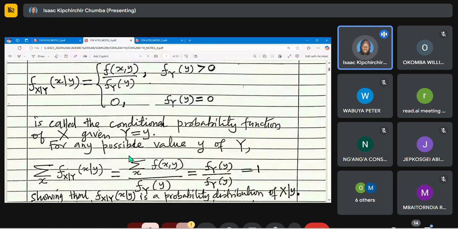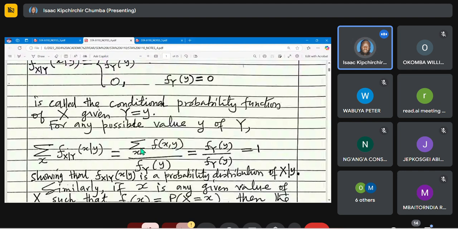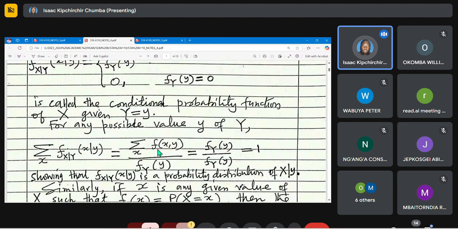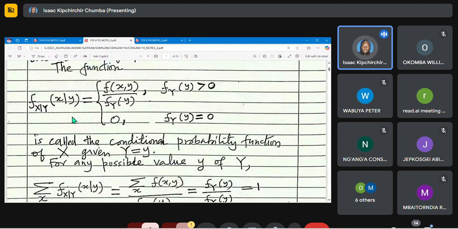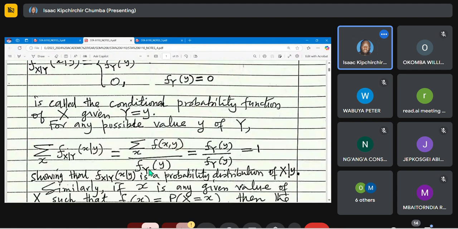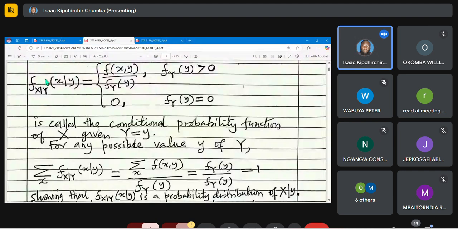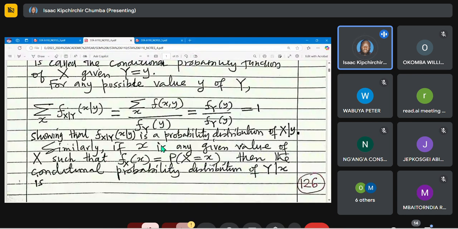We shall be summing the joint over x. But we have seen that when you sum the joint over x, you get the marginal of y. So we shall have the marginal of y over the marginal of y, which gives 1. Meaning when you sum this function over x, you get 1. That means this function which we have defined is also a probability distribution, which we now call the conditional probability distribution of the random variable x given y.